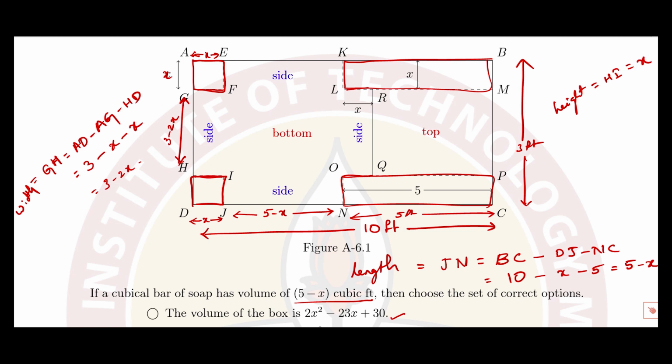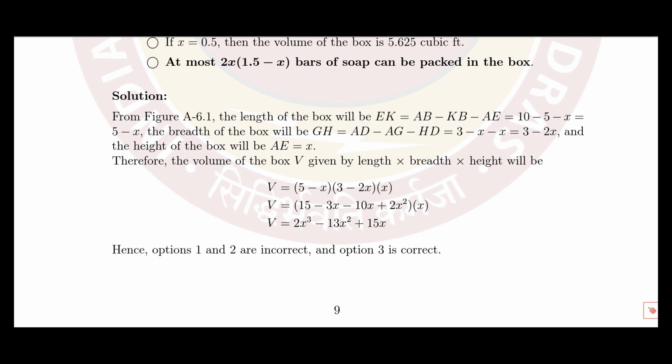So the volume of the box is equal to length into width into height. The length of the box is 5 minus x, the breadth, which is nothing but the width of the box, is 3 minus 2x, and the height of the box is x. So the volume will be equal to 5 minus x times 3 minus 2x times x.